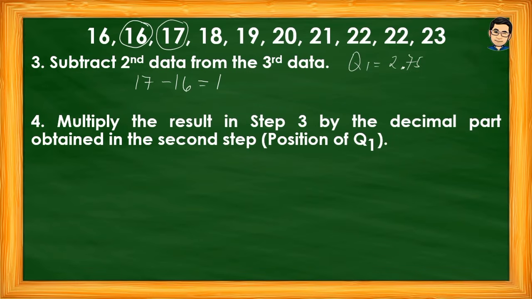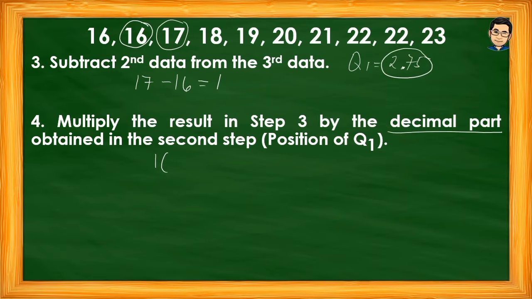Next, multiply the result in step 3 by the decimal part obtained in the second step. Okay. So, since yung nakuha nating difference dun sa step 3 is 1, so yung 1 po na yon, i-multiply po natin sa decimal part ng nakuha nating sagot dun sa position ng quartile 1. So, ito po yon, 2.75.